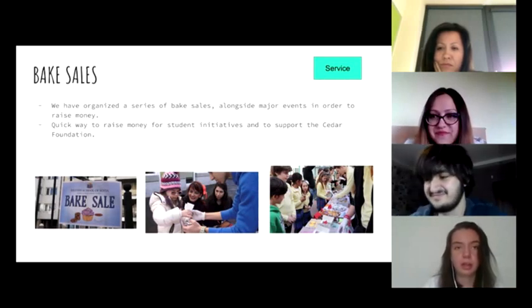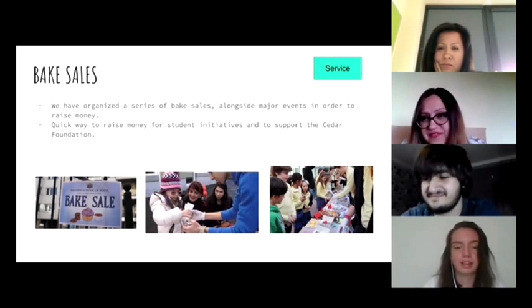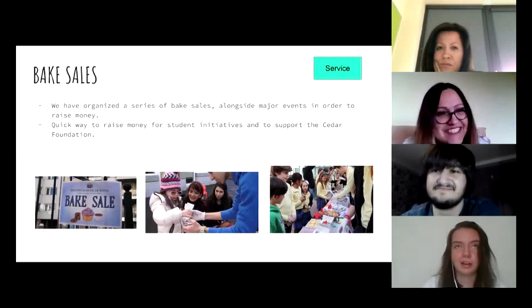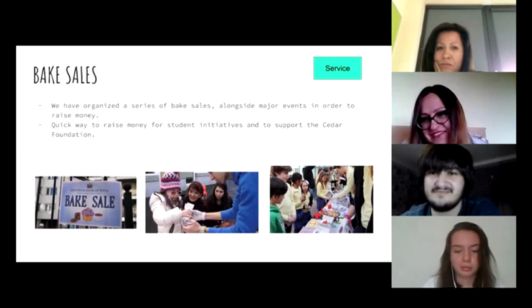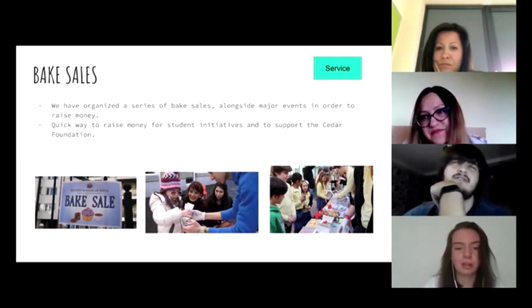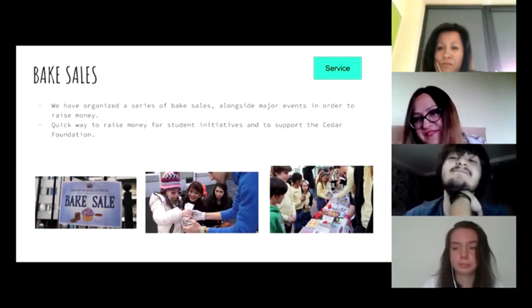For instance, one time we organized the teachers' bake sale where all the teachers had to bake, and we sold their baked goods. At the end, people voted for the best baked good, and the specific teacher received the prize. So as you can see, we implemented a lot of creative things into the bake sales in order to raise money.